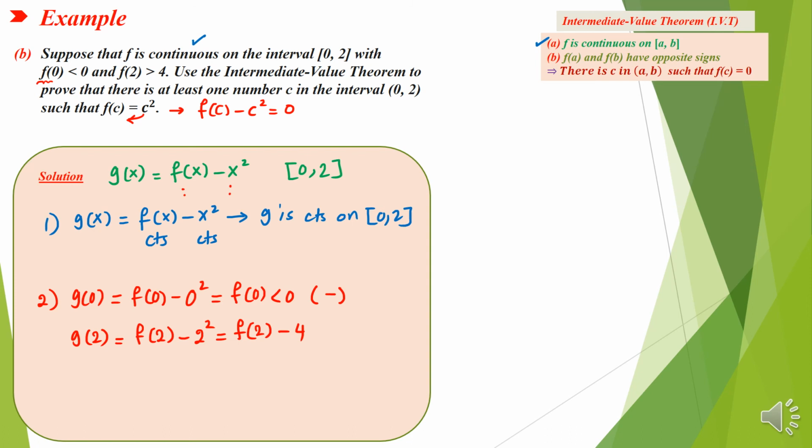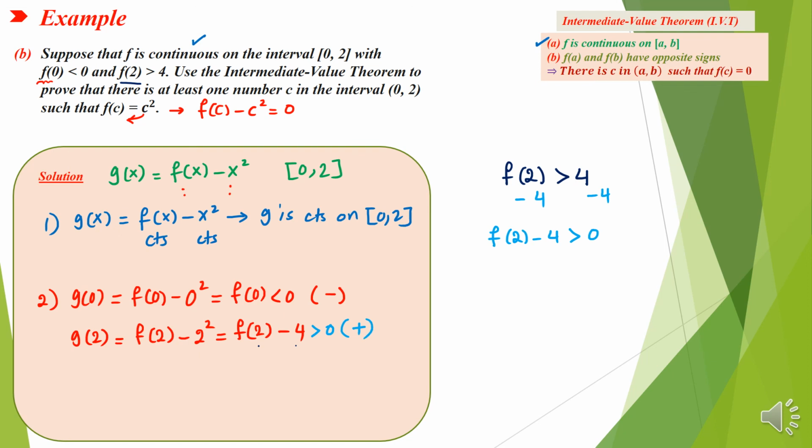Now from the question, f of 2 is greater than 4, and you have to check f of 2 minus 4, so you subtract 4 from both sides. This gives us that f of 2 minus 4 is greater than 0, which means it is positive.